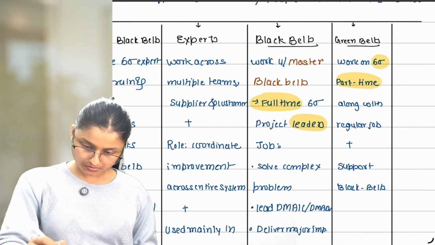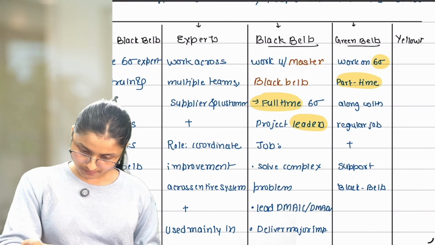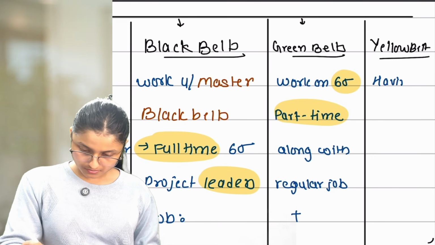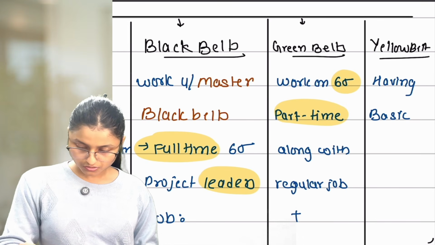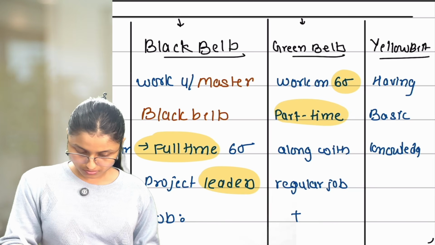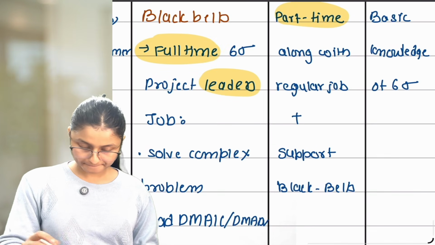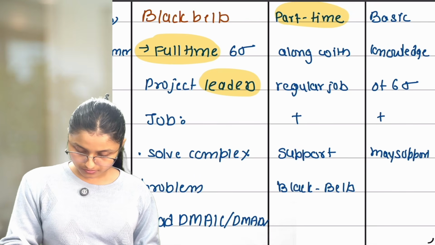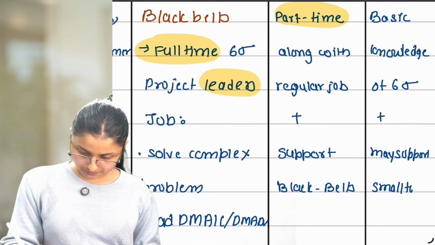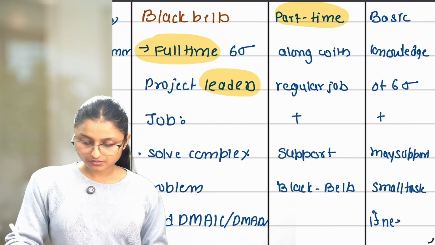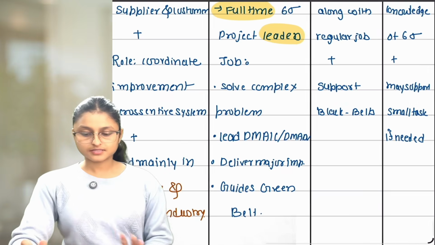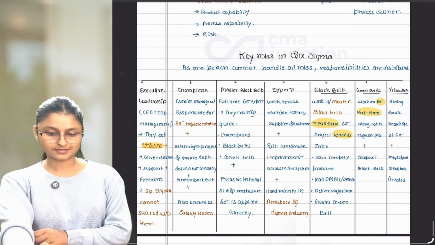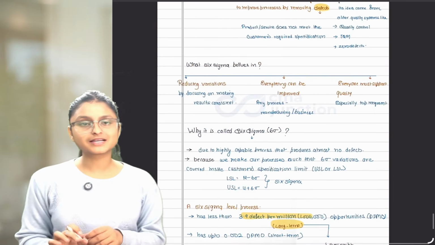Next comes yellow belt. Having basic knowledge of Six Sigma, they may support small improvements or small tasks if needed. If there is any need by the green belts or black belts, yellow belts can support small tasks. Done. With this, we have completed our Six Sigma.